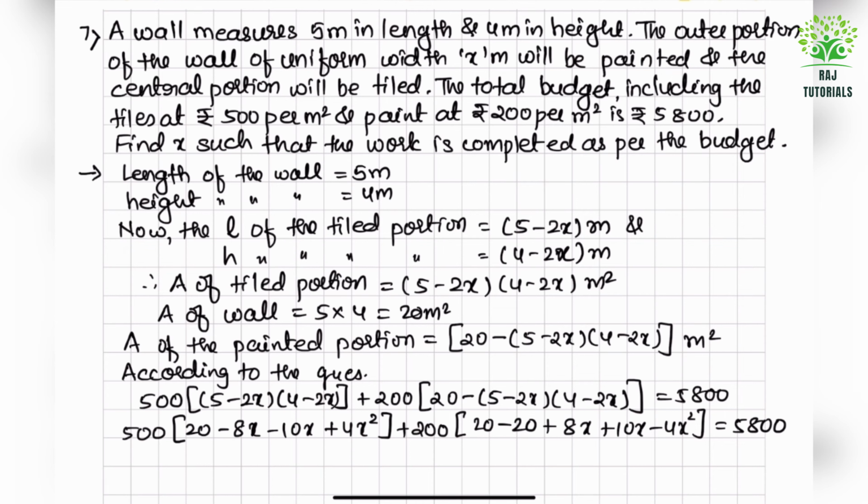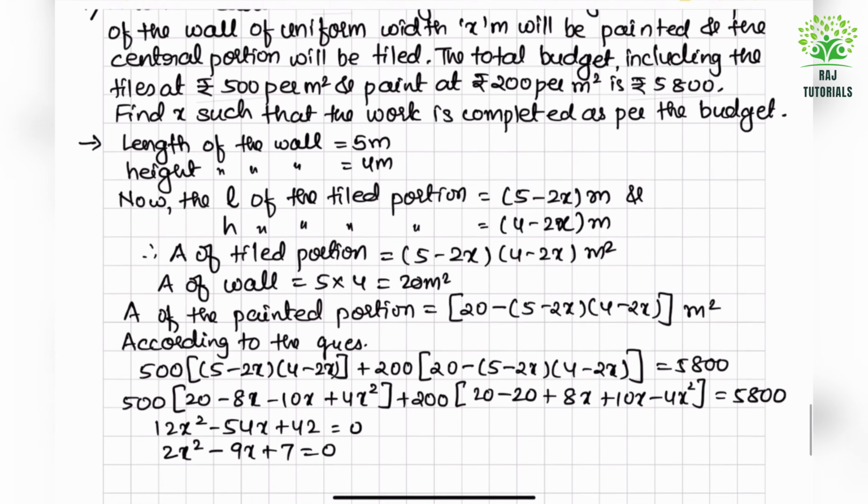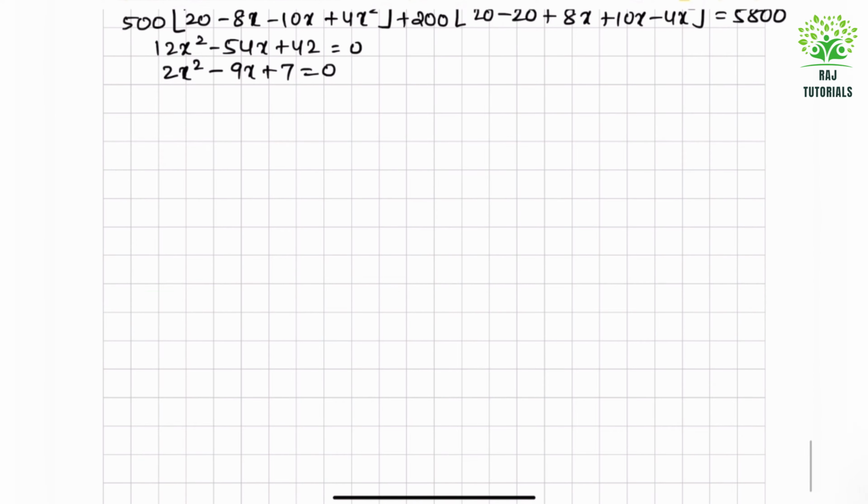Now if I solve the whole equation, the final I will have 12x square minus 54x plus 42 equal to 0. So dividing with 6, I will have 2x square minus 9x plus 7 equal to 0. Now making the factors, I will have 2x square minus 7x minus 2x plus 7 equal to 0. So from the first two I will take x common, so x(2x minus 7), and minus 1 common from the second two, so minus 1(2x minus 7) equal to 0.